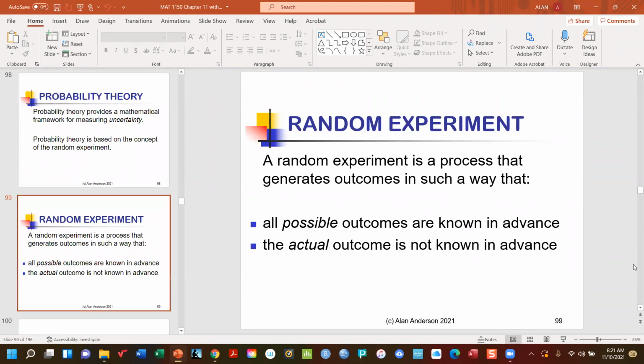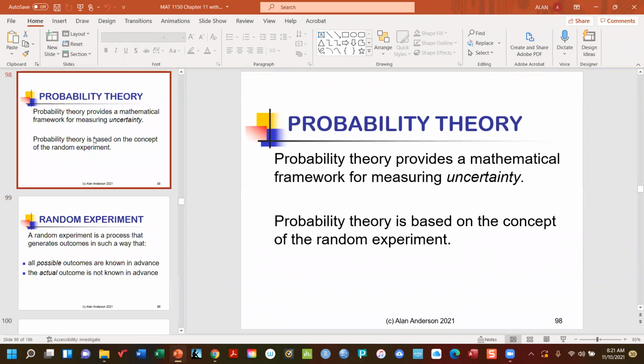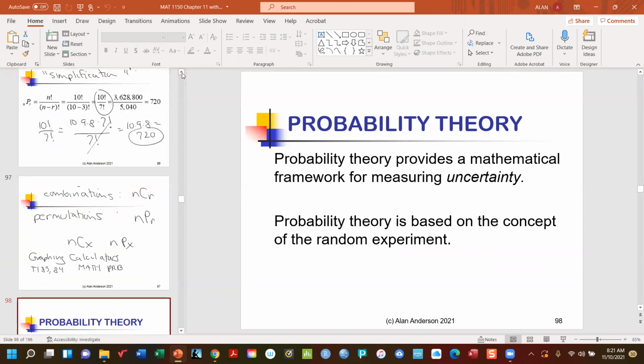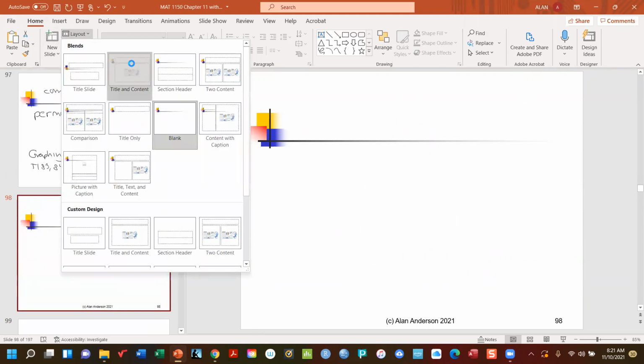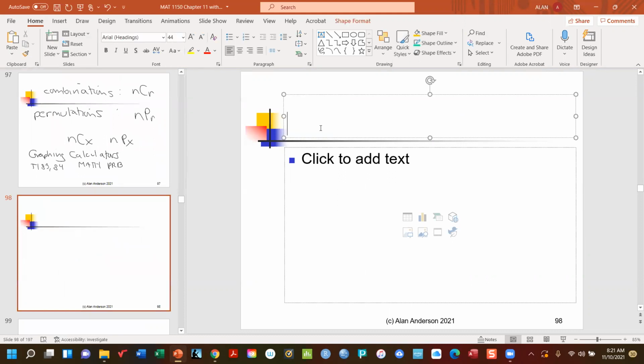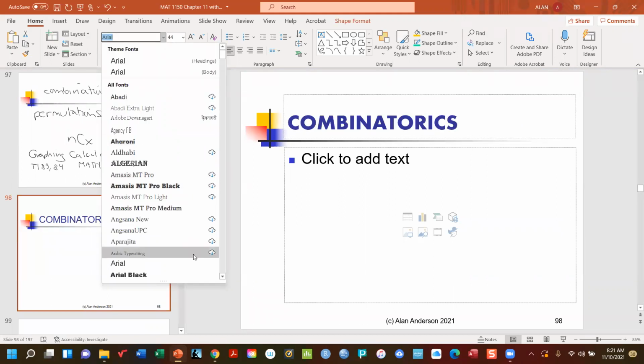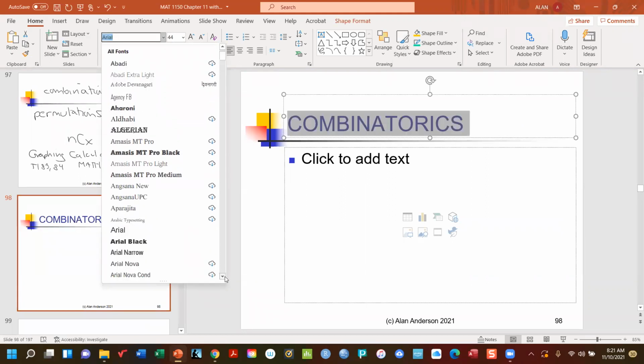We're starting probability theory. Everything we did up to that point really belongs to a branch of math called combinatorics. Combinatorics is a specialized area of mathematics that shows up quite a bit in computer science.